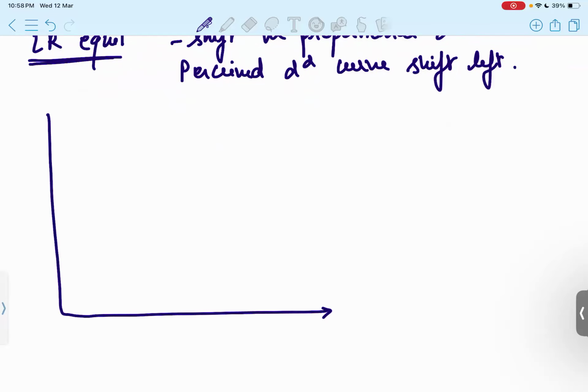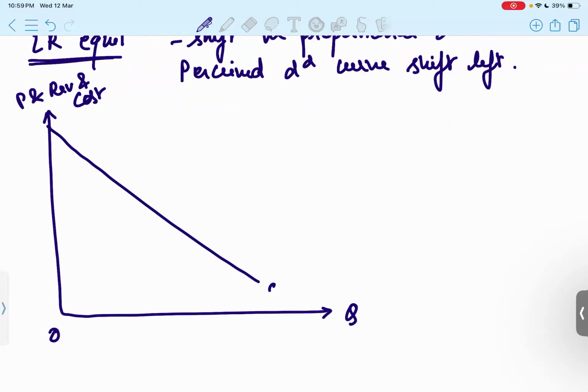That will give us the equilibrium condition, the price, with revenue and cost represented on the y-axis and quantity on the x-axis. This is the perceived demand curve, which has to be flatter than the proportional demand curve. This is the marginal revenue curve.